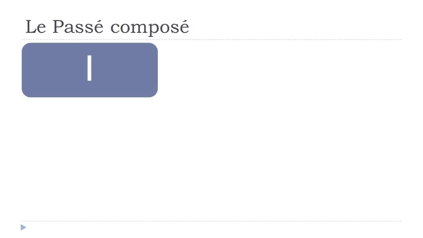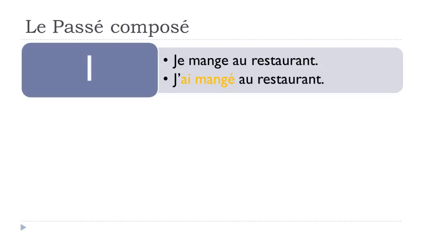So we'll have now few examples here just to show you first how it goes, okay? So in this first sentence, so I took this manger, to eat verb, okay? Je mange au restaurant. And so if you look carefully, you can see that this sentence is at the present tense, okay? Je mange au restaurant.